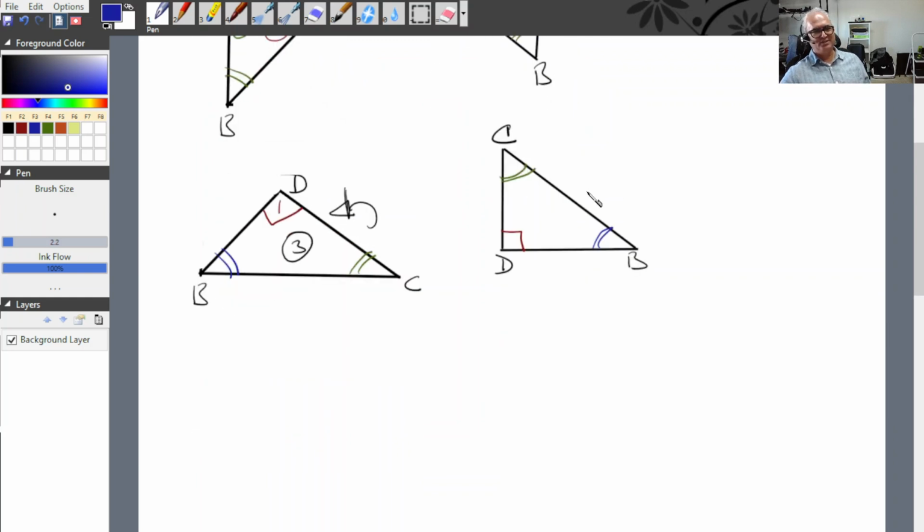So I rotate it like this. So now the triangle I have here, D, and blue here.